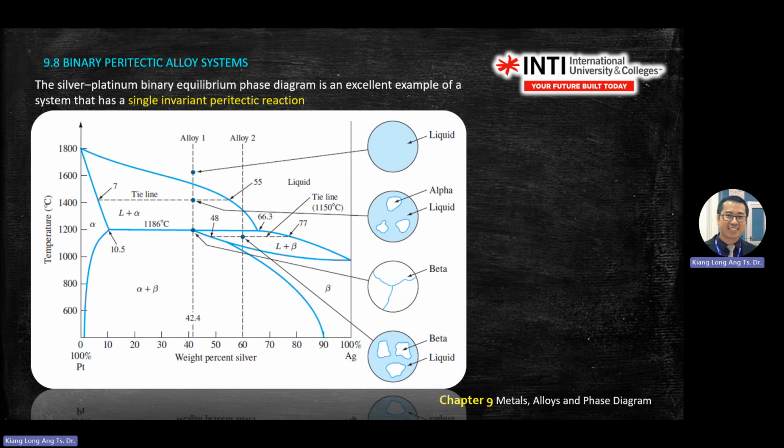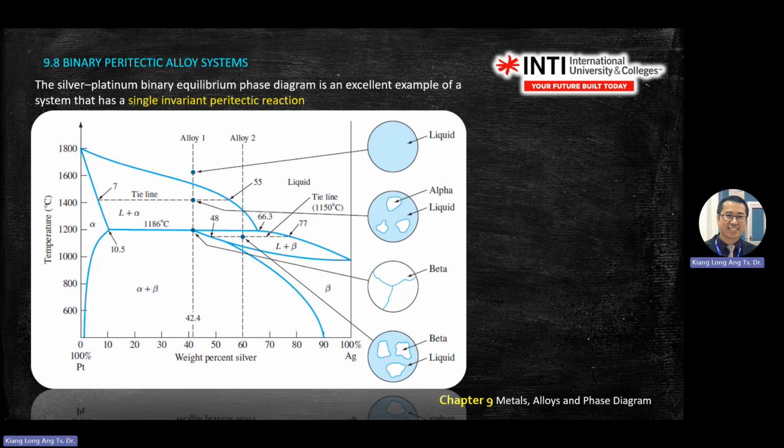So let's say alloy 1, from dot number 1, number 2, number 3, you should be able to understand this. Point 1 is liquid phase, so nothing there, but you need to label the empty space. Then the second point here already enters into liquid plus alpha. So you circle, then liquid alpha.